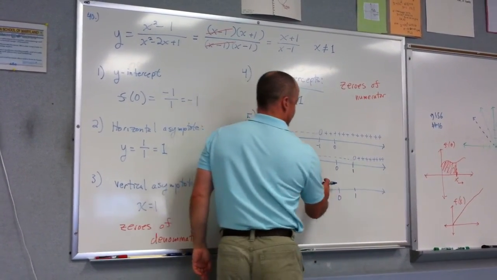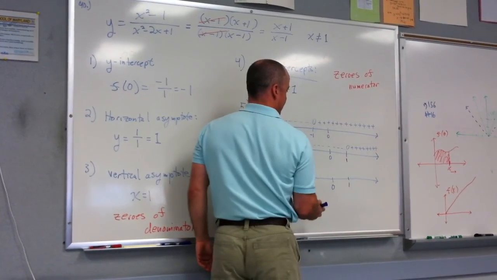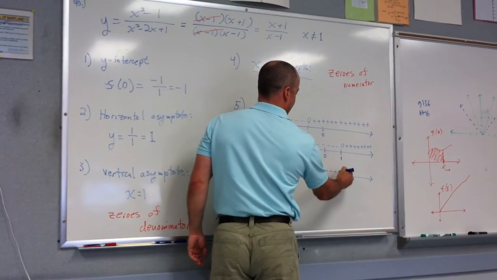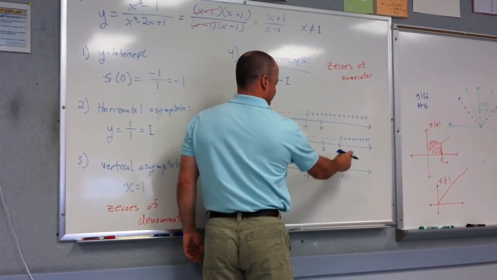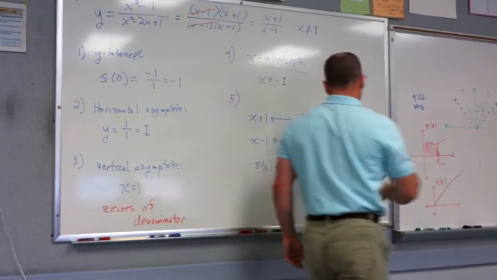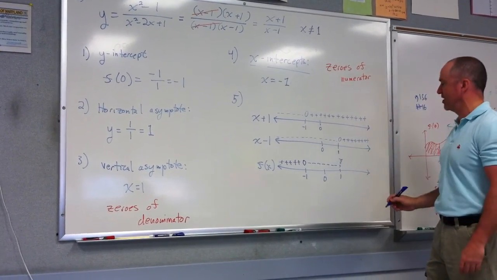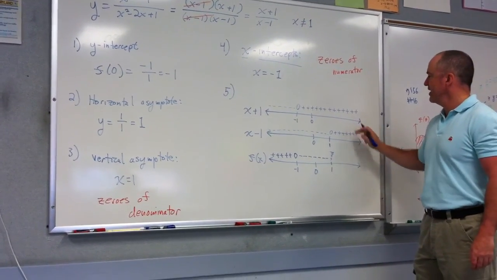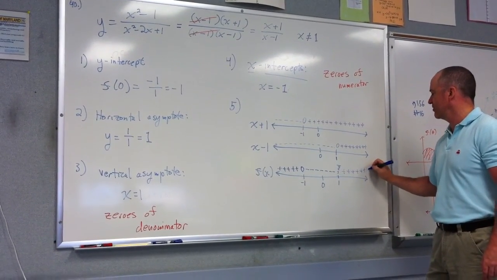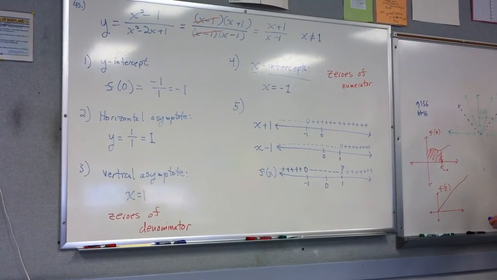Between negative 1 and 1, I have a positive divided by a negative, which is a negative. When x equals 1, I have a 0 in my denominator. That's an asymptote, so I like to write UND for undefined. To the right of 1, I have a positive divided by a positive, which is a positive. Think we have enough information to graph this thing?